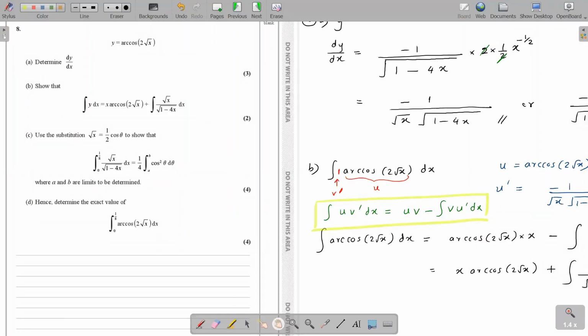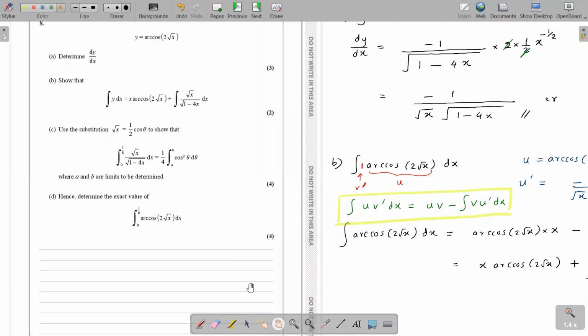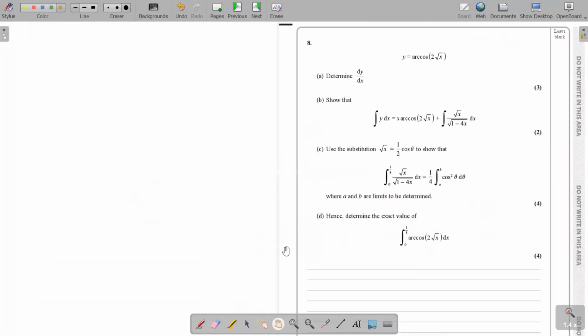Okay, so I'll move on to part C. They say use the substitution root x equals half cos theta to show that the integral of root x over root 1 minus 4x is equal to this. So we are supposed to integrate this part. Let's try this integration, part C. They're asking you to use a substitution.